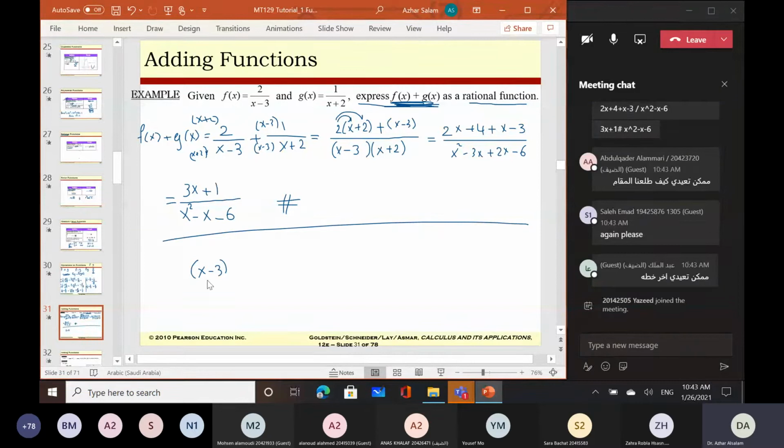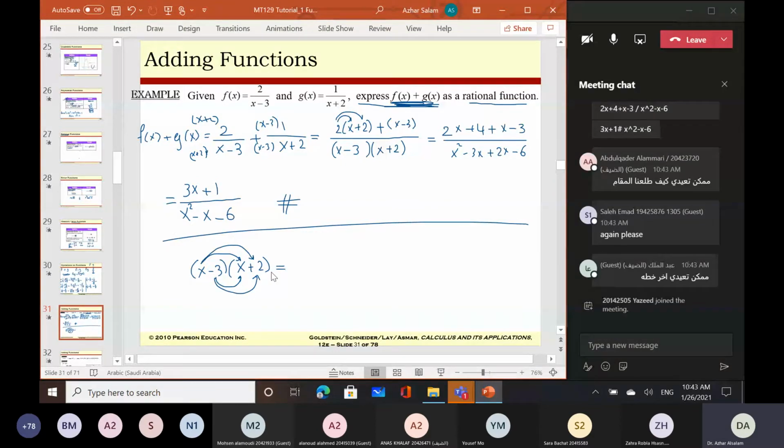Okay, I will repeat from here. x minus 3 multiplied by x plus 2. First, I multiplied x by x and x with 2. Then I multiplied minus 3 with x and minus 3 with 2. You can arrange it as you like.